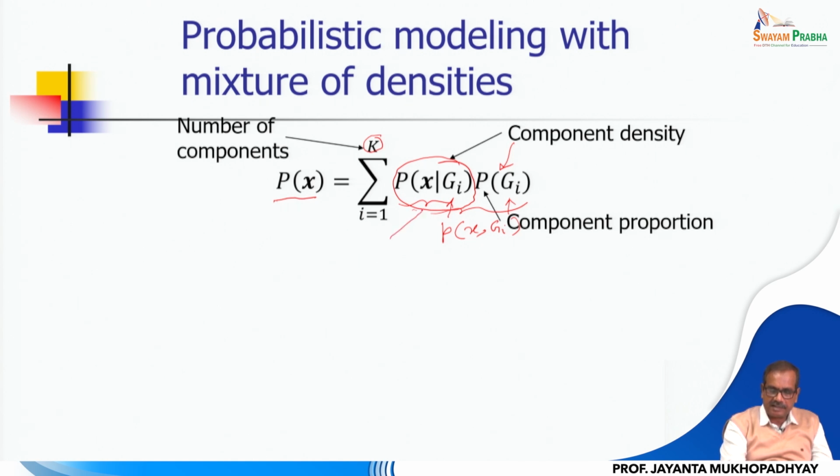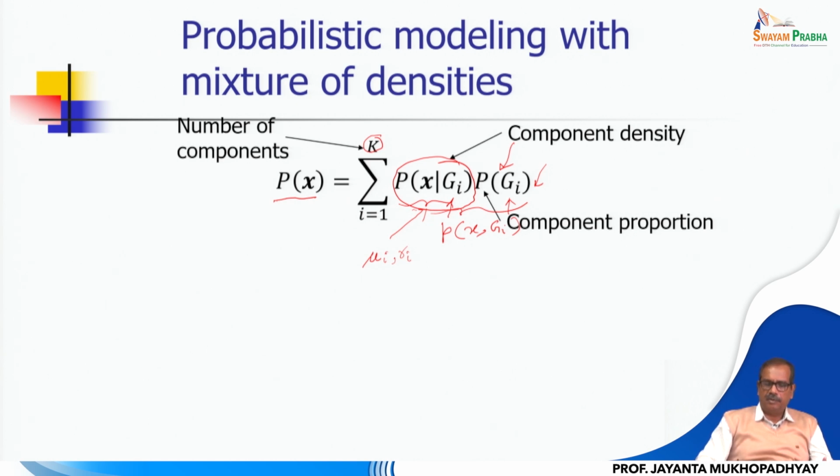For describing this likelihood, if I consider each one as a normal distribution, for each one I will have two parameters which characterize the normal distribution: the mean and the standard deviation, mu_i and sigma_i. And the probability of g_i is the class prior. So for each component you have three parameters to estimate. If you have k components, you have 3k parameters.